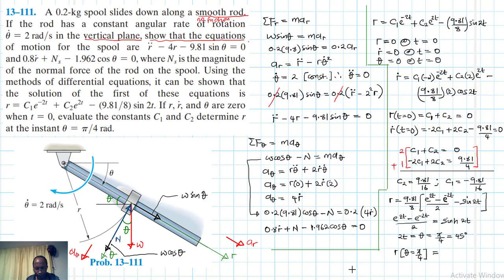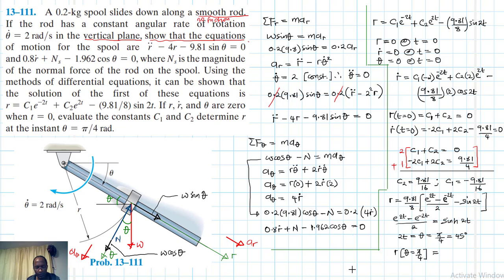Pi divided by 4 minus e to the power. Sorry, let me just do the calculation.